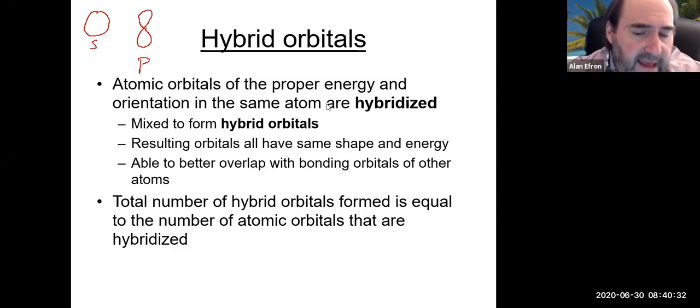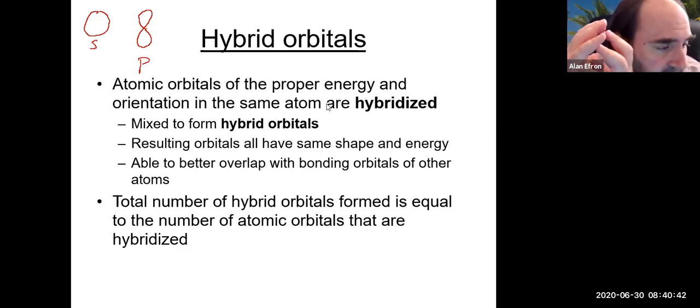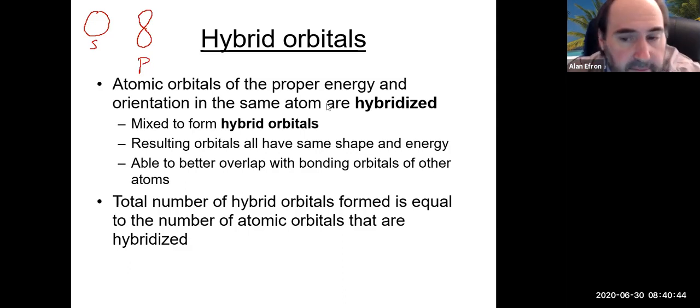Some of the advantages of hybrid orbitals in terms of bonding, as we'll see in some of these pictures, is that when we make these hybrid orbitals, we end up with orbitals that are the same shape. So now instead of putting together a circle and a figure eight, you're going to put together two things that are essentially the same shape, which is going to allow them to come together a lot easier, a lot better.